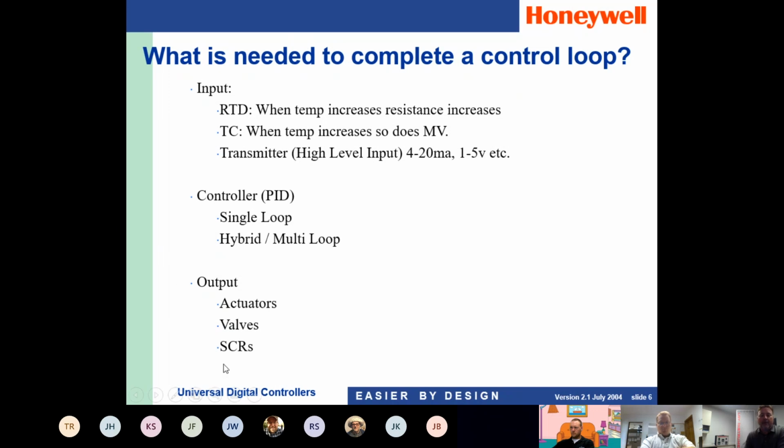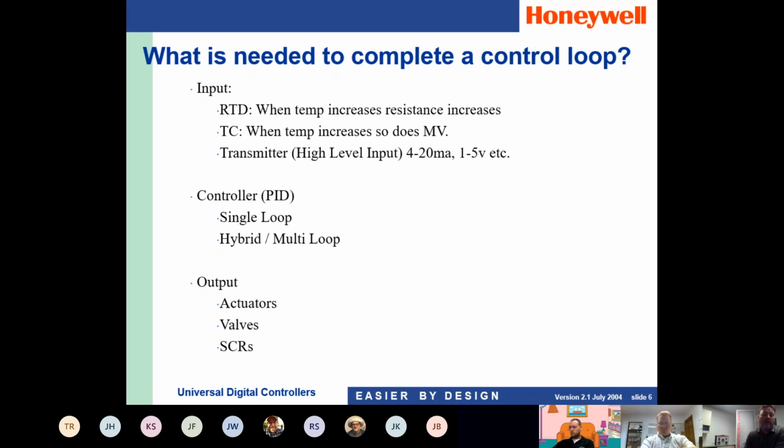Last but not least is your output. Output can be in a lot of different forms. It can be an actuator that's controlling gas that's supplied to a burner. It can be a process control valve that's controlling the flow or level or pressure of the system.